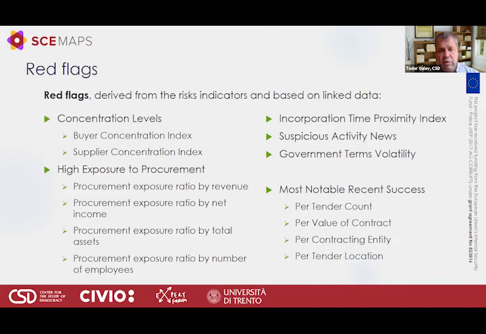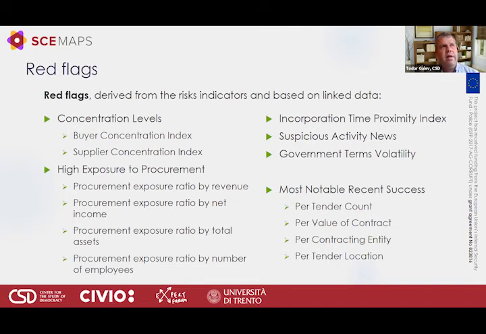For example, when we're talking about procurement exposure ratio by number of employees, this is a red flag which measures the amount received from public tenders divided by the number of employees. And when you rank all the companies by this ratio, you can see the companies that have the highest ratios.